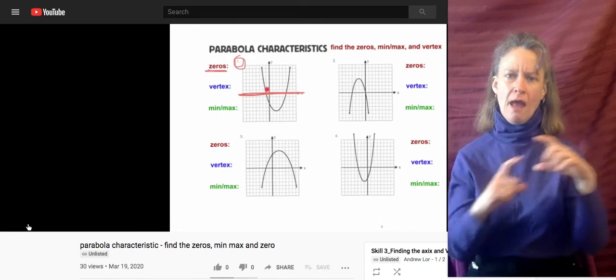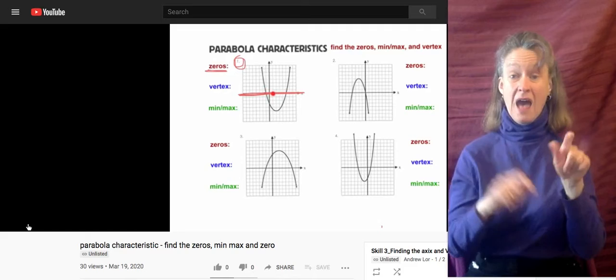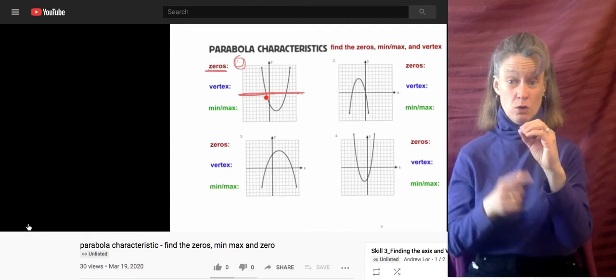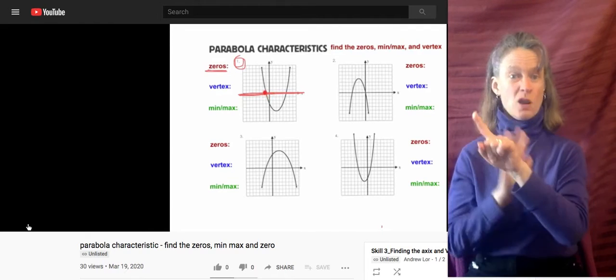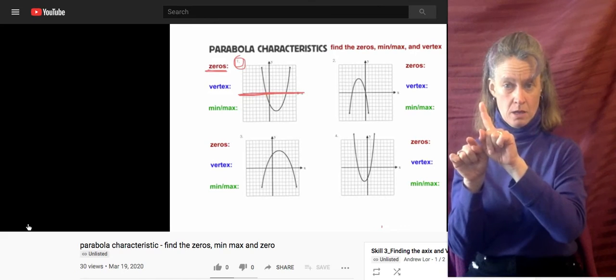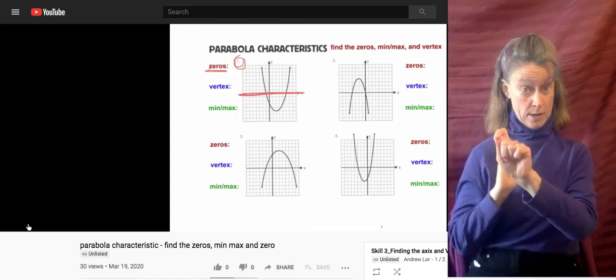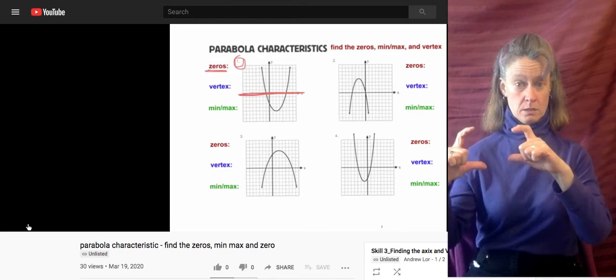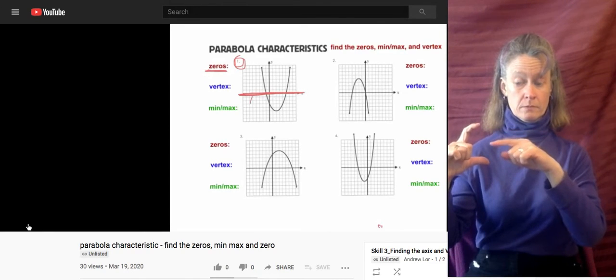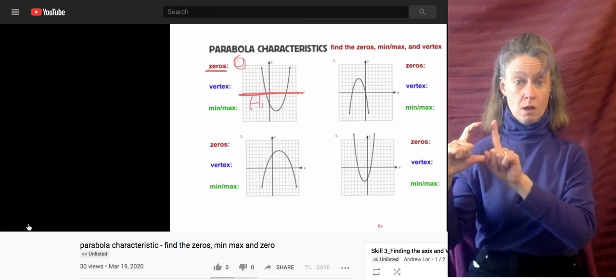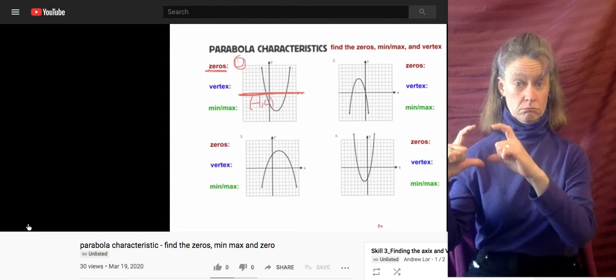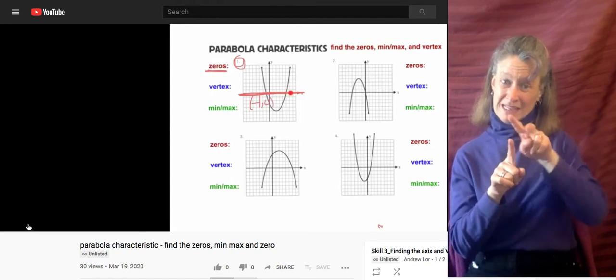For the intersection on the left side, you can see that we go over to the left side -1 and up or down 0. So our coordinate for this intersection would be -1, 0. Same thing for the intersection on the right side here.